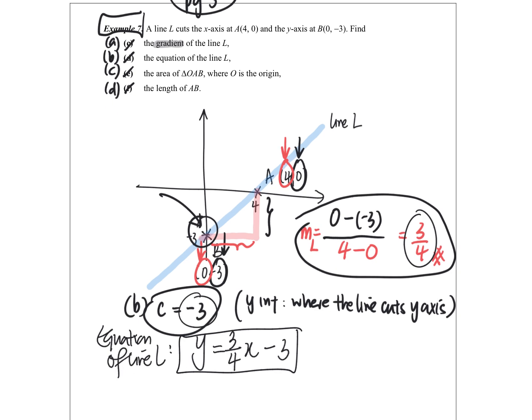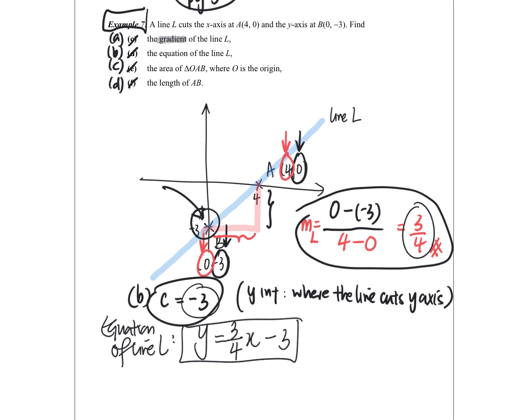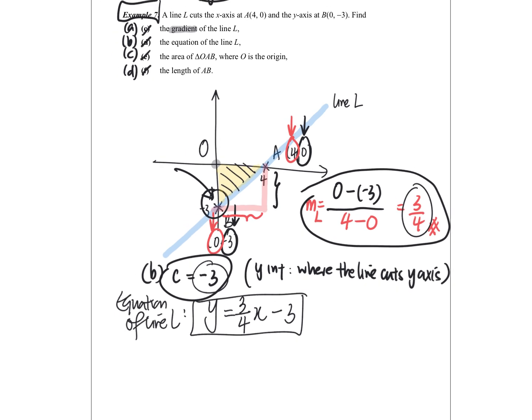Next, they say, can you then tell me what is the area of triangle OAB? O is the origin here. This is O. So how to find the area of this right-angle triangle? Half times base times height.